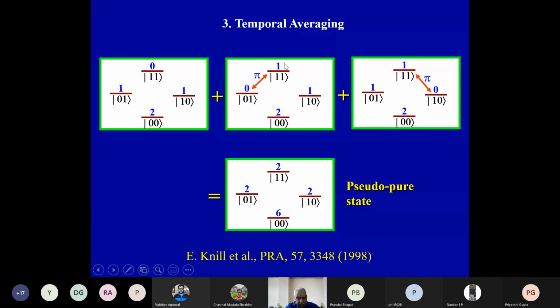I interchange the population of these two in one experiment, and in another experiment interchange the population of these two, and add these three experiments. The adding is a non-unitary operation. Okay, and then you come up with a population distribution which is 2, 2, 2, 6. And so this is a pseudo-pure state. Very clever, very nicely done, but not much used.